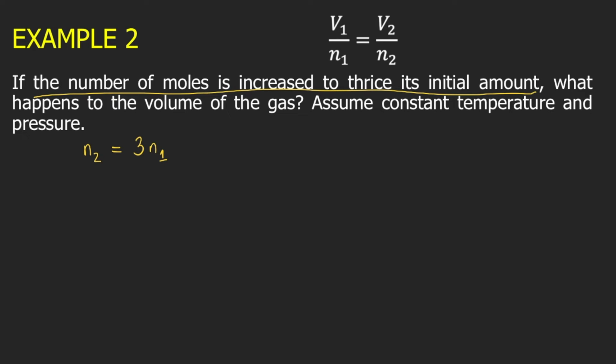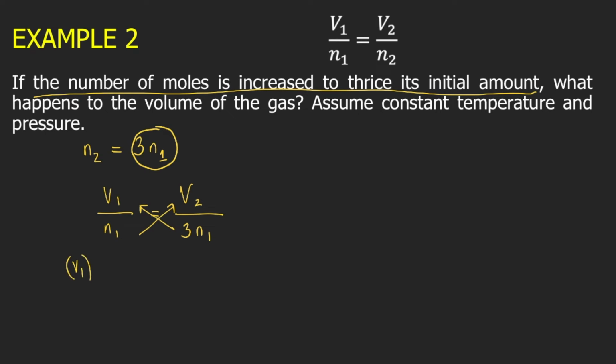Now, we can use Avogadro's law. So just write V1 over N1 is equal to V2 over N2. But we know that N2 is equal to 3N1. So put 3N1, and then you can do cross multiplication.